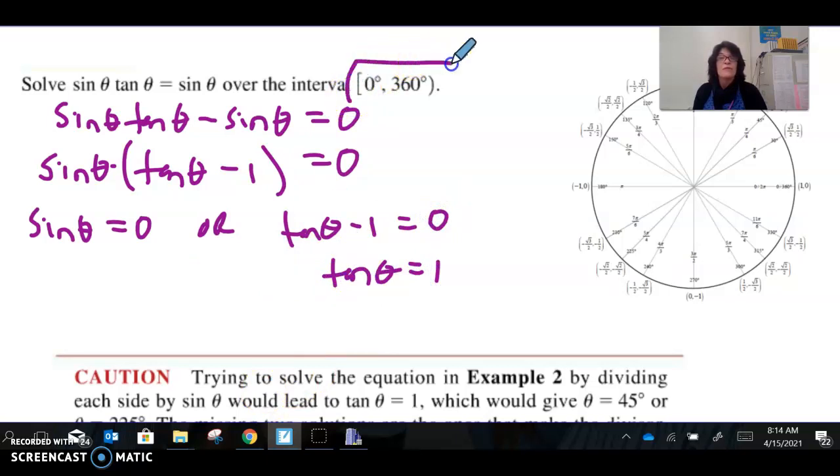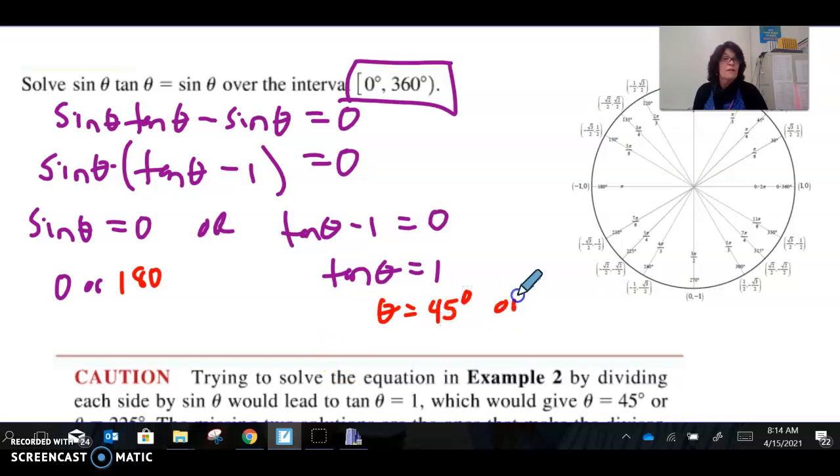They want the answer from 0 to 360. So I know that sine equals 0. Let's see, at 0 or pi. I'm sorry, I keep going to radians and they're asking me for degrees. 0 or 180. That's where the y-coordinate is 0. Where is tangent positive 1? Isn't it 45 degrees? Or where else?